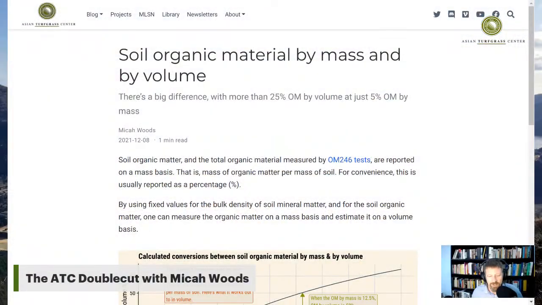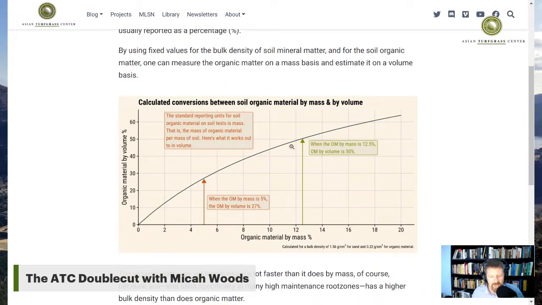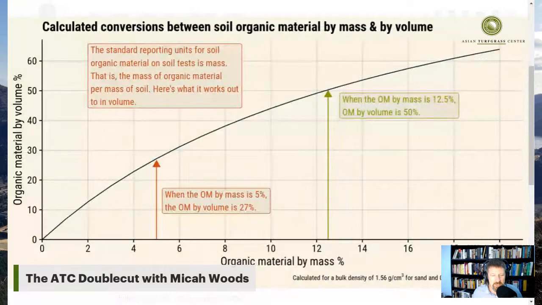And it's different on a volume basis, and I think it's interesting to make that calculation. On the blog, I made some calculations and put a pretty chart up there, which you can have a look at if you go to the website, asianturfgrass.com. In the show notes in the description, I put a direct link to this particular blog post so you can go check out this chart yourself.